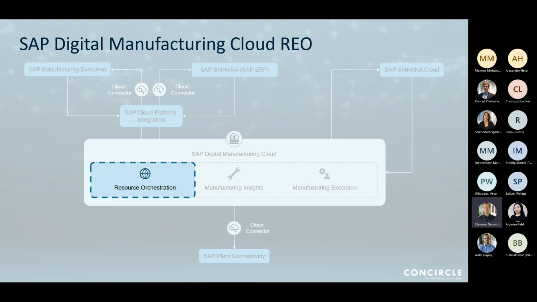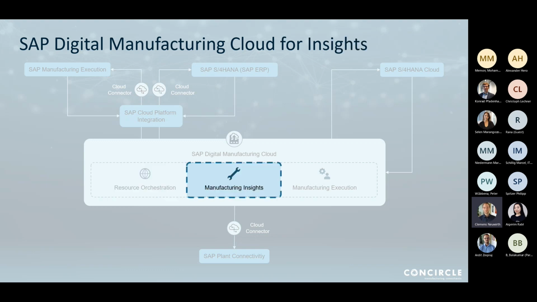Other functionalities would be the releasing or the splitting of orders, the scheduling of labor, and also the scheduling and reserving of tools. The Manufacturing Cloud for Insights is an analytics application for manufacturing industries. It analyzes standard or custom manufacturing KPIs using individually defined dashboards.